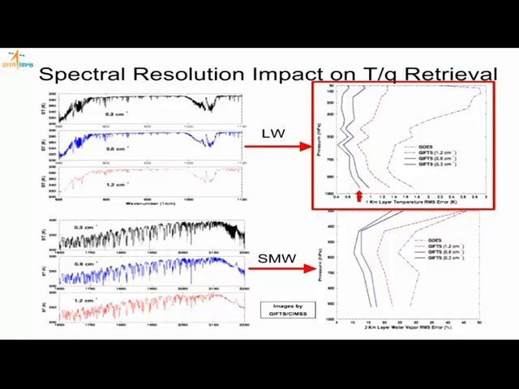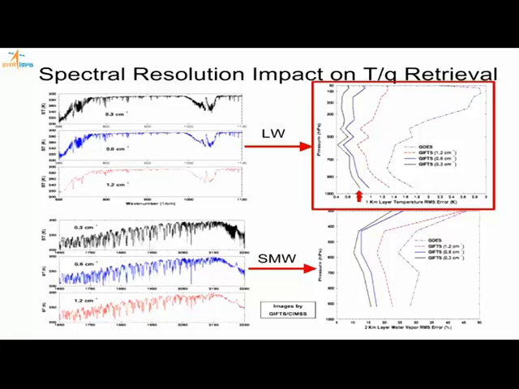But if you improve your spectral resolution from 20 centimeter inverse to 1 centimeter inverse, your error is reduced drastically, and you are getting a very accurate temperature profile.